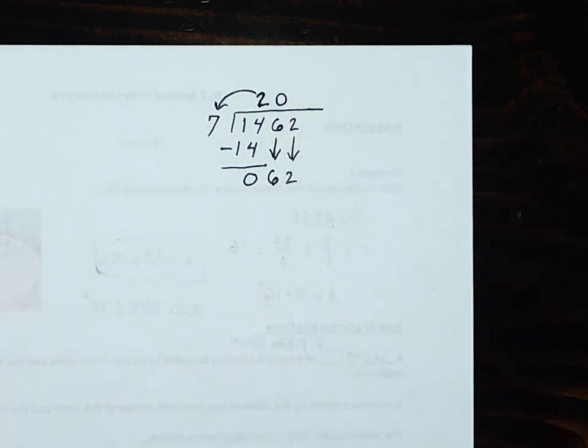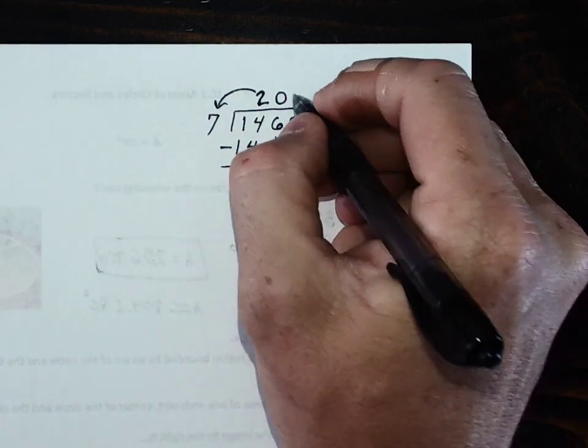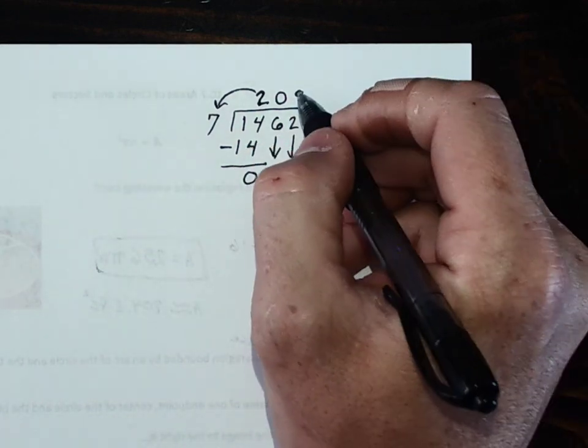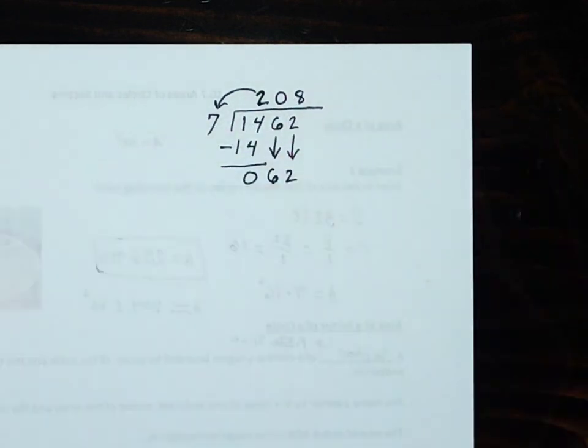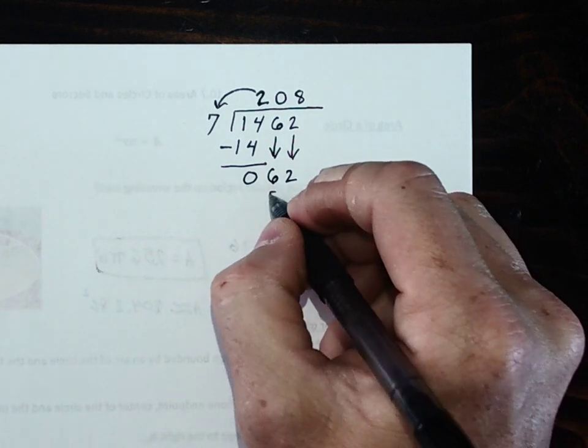Then I would ask myself, how many times does 7 divide into 62? 7 goes into 62 8 times. But then you take the 8 times the 7, and 8 times 7 is 56.